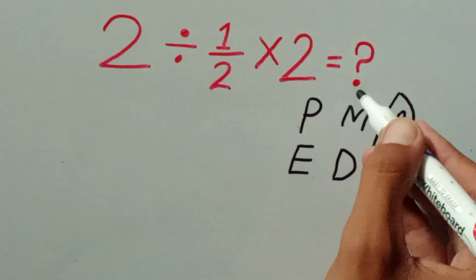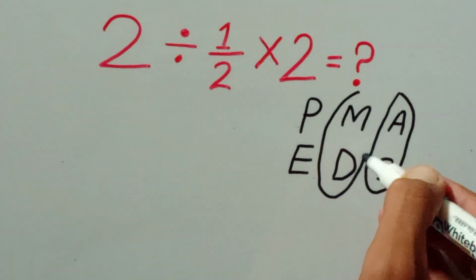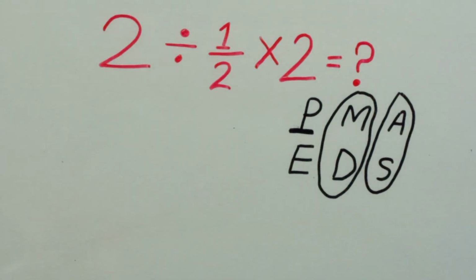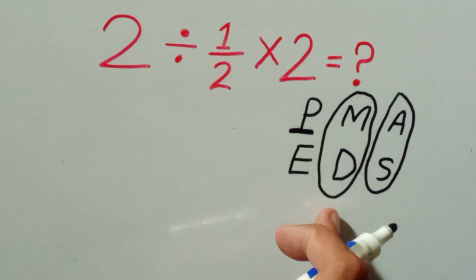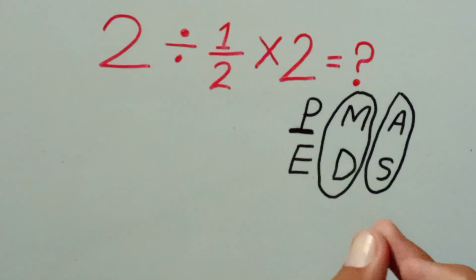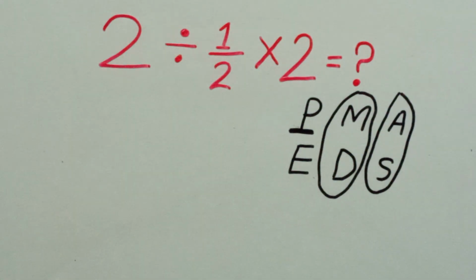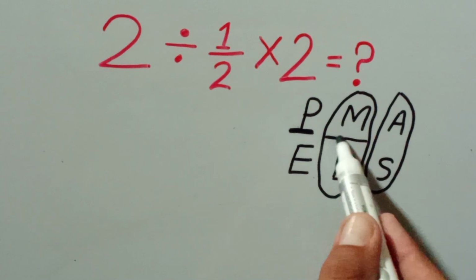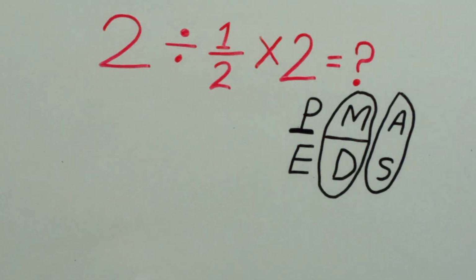Guys, remember that parentheses have higher priority than other operations. So here M and D stand for multiplication and division. Remember that multiplication and division have equal priority and we have to go from left to right.